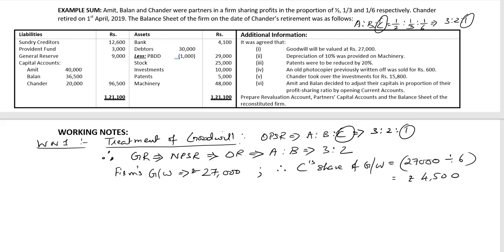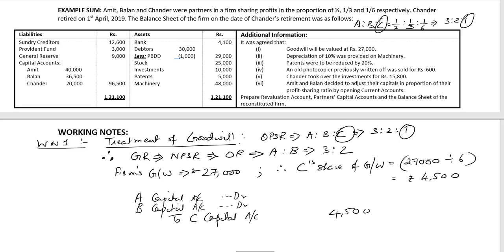So let's pass the journal entry. We'll debit the gaining partners. Amit capital account debit, Balan capital account debit, to Chandar capital account. Against Chandar, we'll write Chandar's share of goodwill, which is 4,500 rupees, and divide this between Amit and Balan in their gaining ratio, which is 3:2.